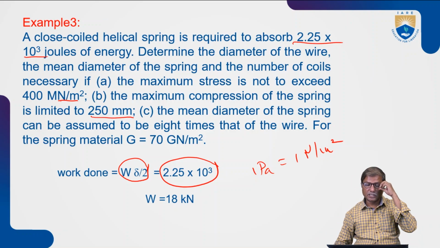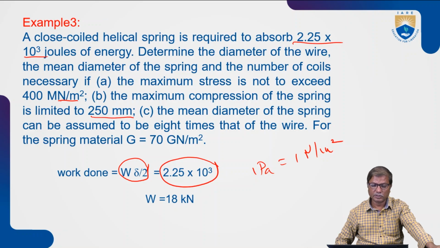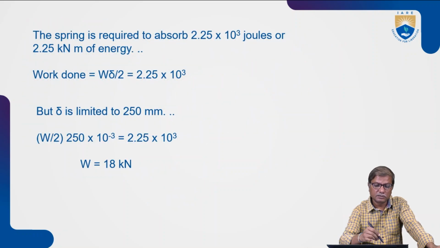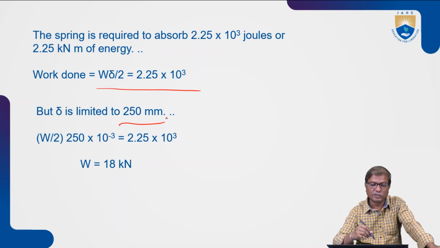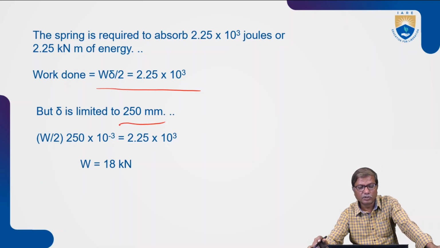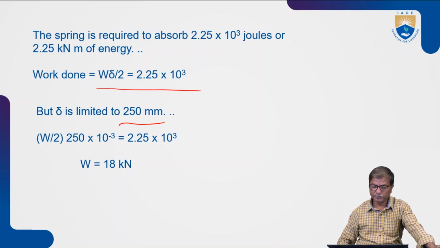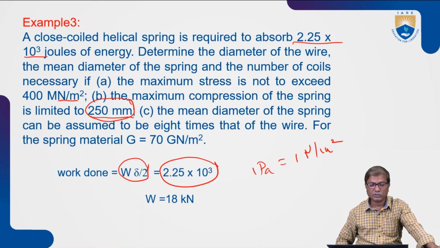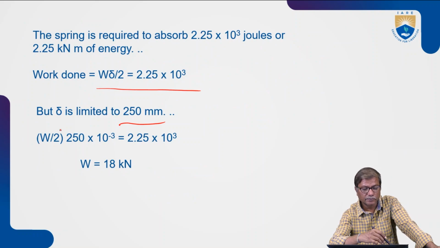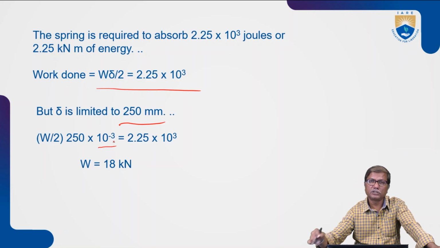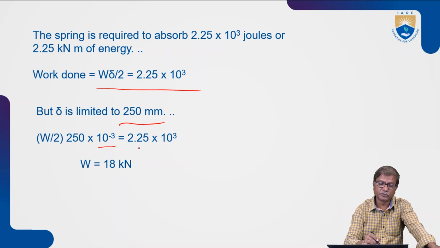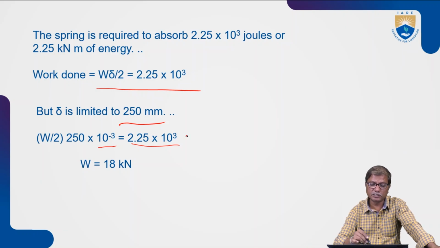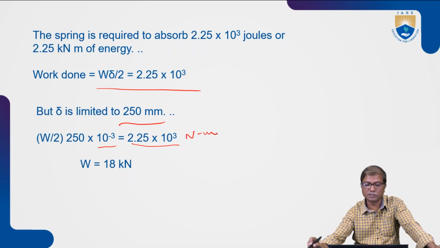So W is calculated from this because delta is given, 250 millimeters. Delta is mentioned here, 250 millimeters. So taking delta as 250, let us convert that into meters, into 10 power minus 3, equal to 2.25 into 10 cube. This is in Newton meters. Joules means Newton meters.